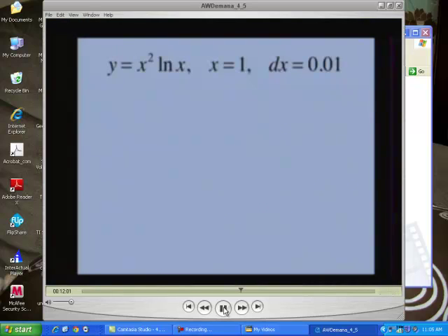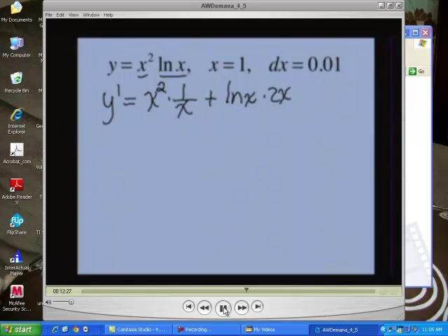So the first derivative of x squared log x means we have to use the product rule because we're multiplying two functions. So we take the first function times the derivative of the second function, and then add to that the second function times the derivative of the first function. So this is my dy dx, my y prime.